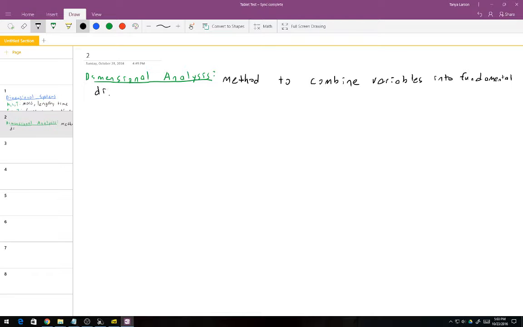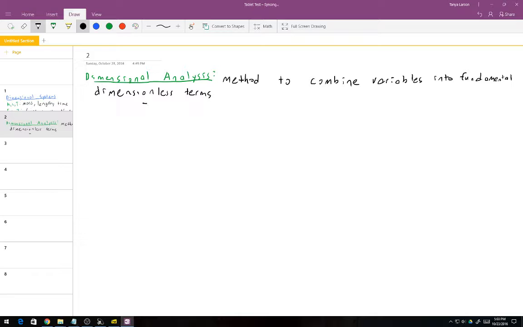And the nice thing about being dimensionless is that they are also independent of our unit system. In other words, I can substitute any unit for force, for example, and it should still turn out to be the same. Into more fundamental dimensionless terms.